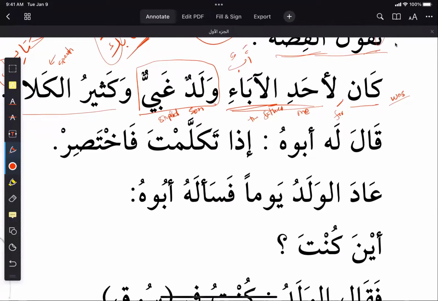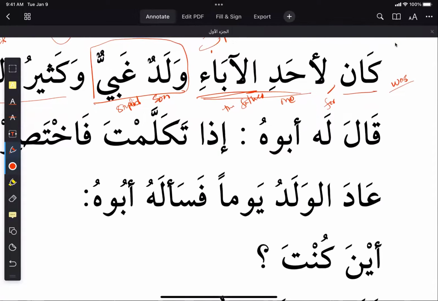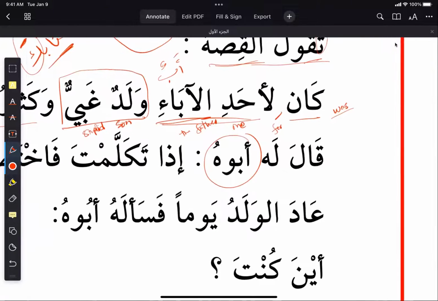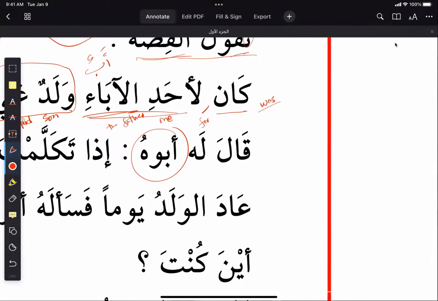قال له أبوه. Okay, قال له أبوه. So who said to who? Who is the subject? Who is saying? So the father is saying to him, Qala lahu abuhu. And then because of the abuhu, this is your subject. And I don't know if we mentioned that this type of word in Arabic, we have 5 special words.